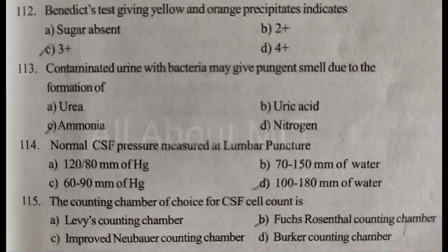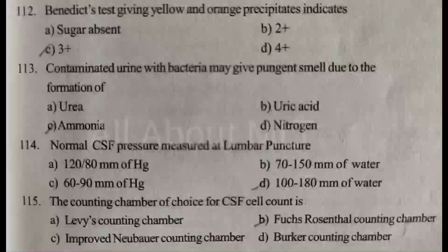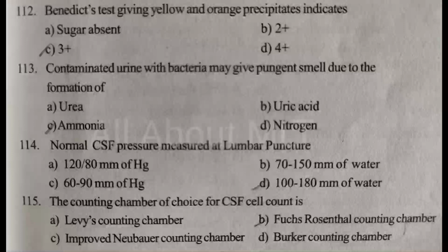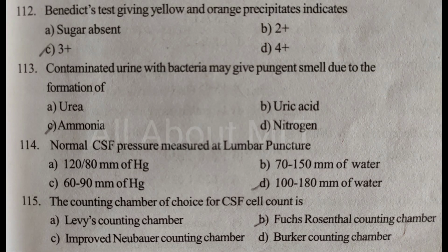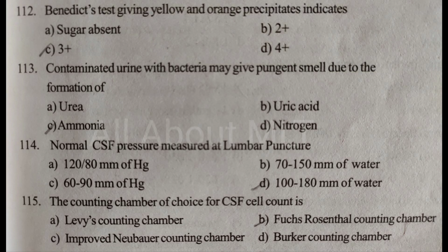Normal CSF pressure measured at lumbar puncture. Option A 120 per 80 mm Hg, option B 70 to 150 mm of water, option C 60 to 90 mm of Hg, option D 100 to 180 mm of water. And the answer is option D 100 to 180 mm of water.